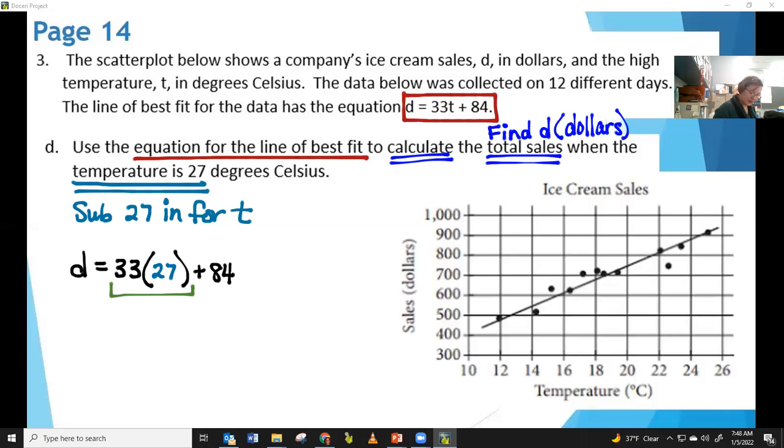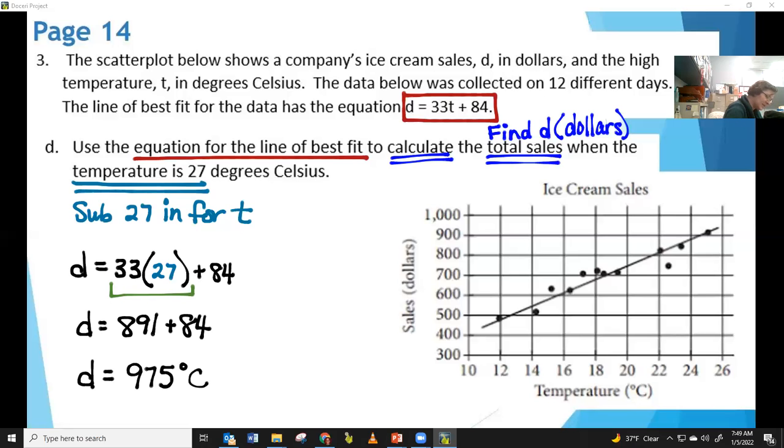What do you get when you multiply 33 and 27? $891. D equals 891 plus 84. Now I need to add those two together. And I get what? 975. What kind of units should go with that? Do I do degrees again on this one? Dollars. This is dollars.